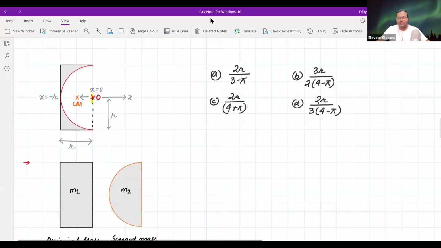Yashwant, correct answer. Akshay, correct answer. Sampurnananda, correct answer.